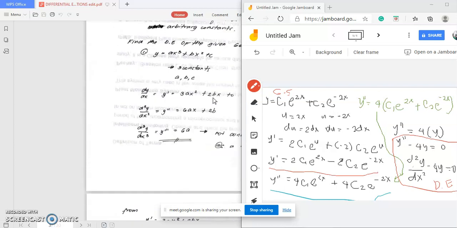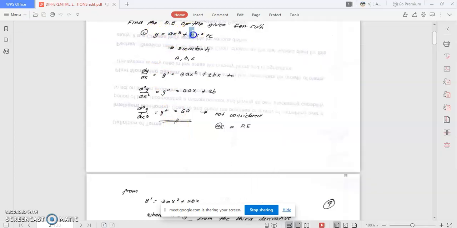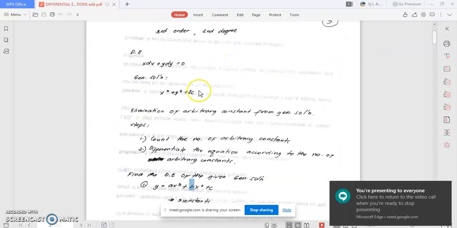As I've told you, the process will be the same, whatever the problem is. The first thing you will do is to look at the number of arbitrary constants. This is the rule, right? Count the number of arbitrary constants.